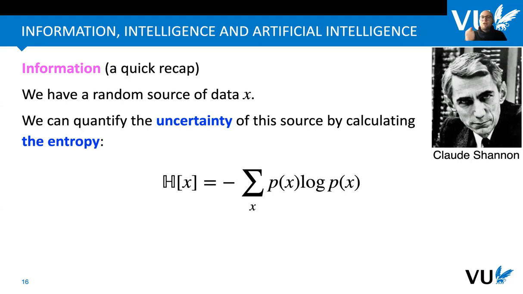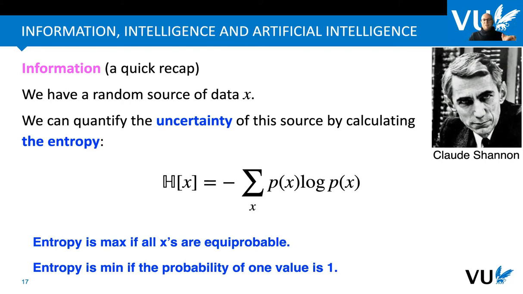This is the measure of uncertainty, the messiness of this data. If we always get the same number, there's no messiness, there's no uncertainty, and entropy is minimal. If every state is equiprobable, so every single state can appear with the same probability, we get the maximum of the uncertainty, and the entropy is maximized.